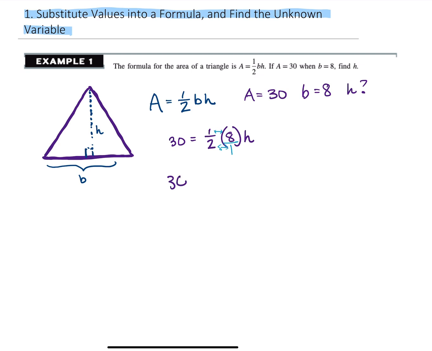So we could say 30 equals 8 over 2, so 1 times 8 and then 2 times 1, still times h. And then 8 over 2, that's dividing it by 2. So multiplying by 1/2 is the same thing as dividing by 2. So 8 divided by 2 is 4. So 30 equals 4 times h.